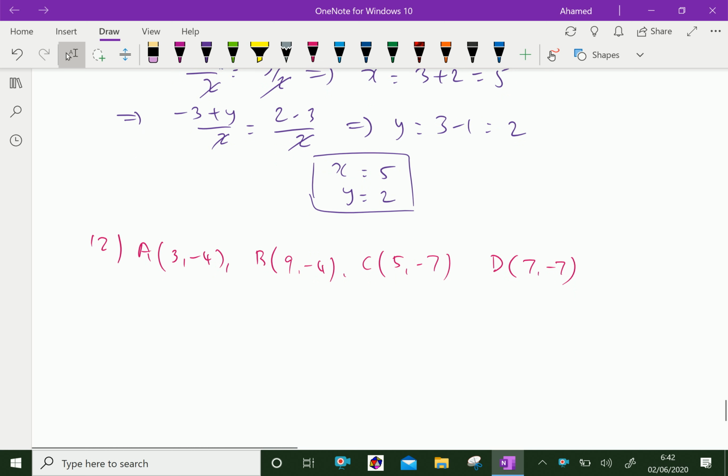Now, for a trapezium, one pair of sides is parallel and the other pair is non-parallel.